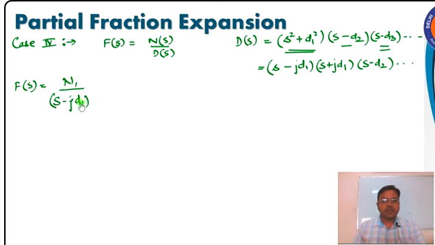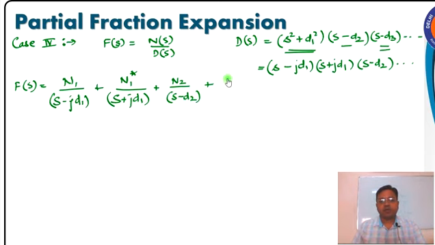That is, if n1 is the residue at j d1, then the residue of the other term would be n1 star, where n1 star is the complex conjugate of n1, divided by s plus j d1, plus n2 divided by s minus d2, plus n3 divided by s minus d3 and so on.